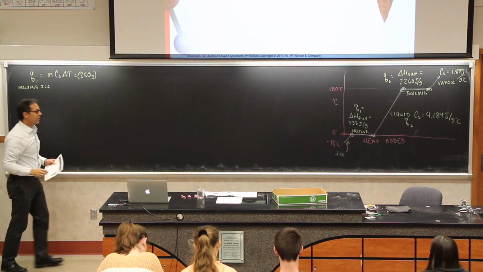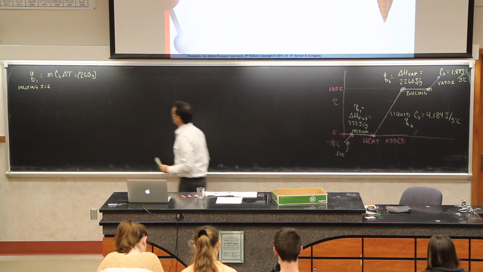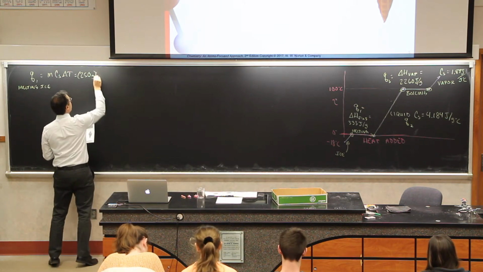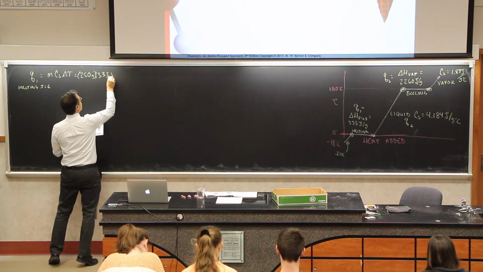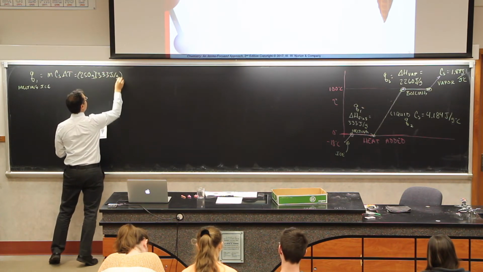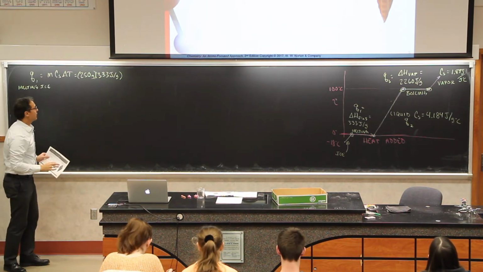Our specific heat here is our enthalpy of fusion, so that's 333 joules per gram. And we don't have degrees Celsius here because the temperature doesn't change.